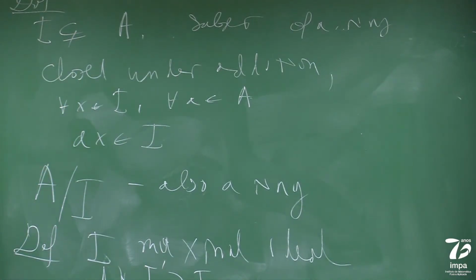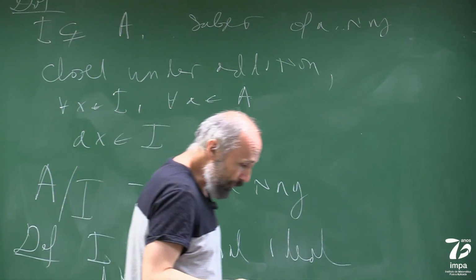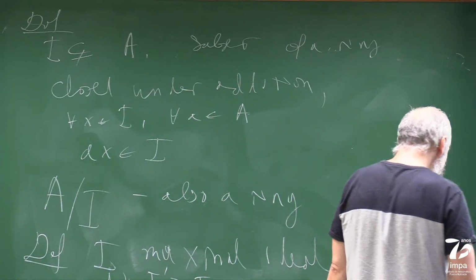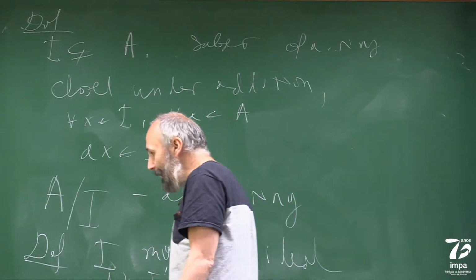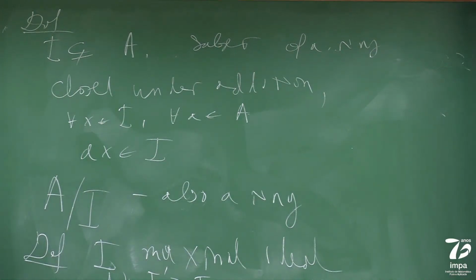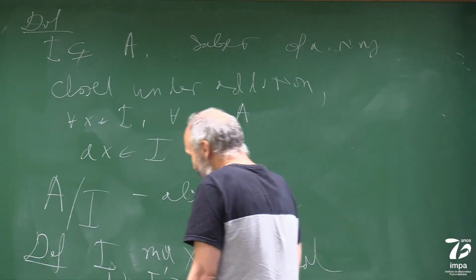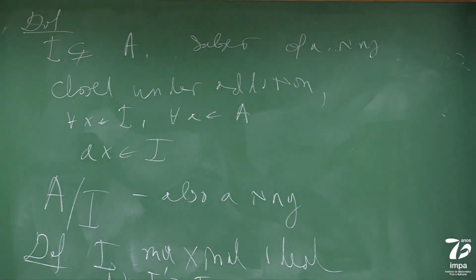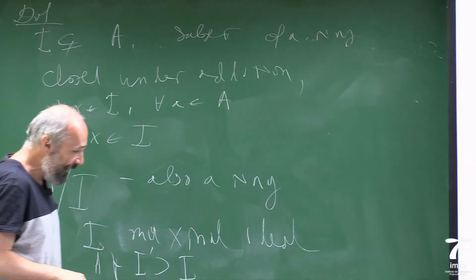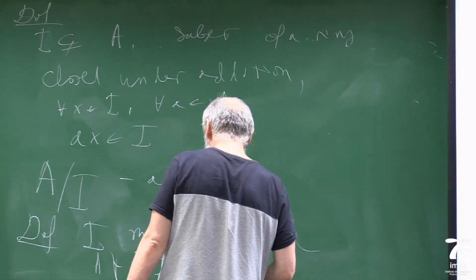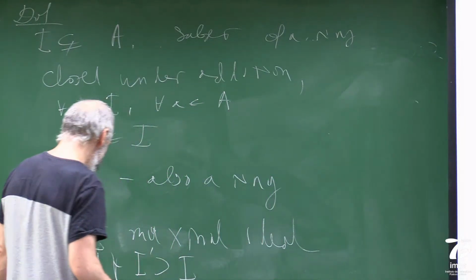There are two approaches actually to ideals, two conventions. Sometimes people assume that A is an ideal, sometimes not. The question is whether 0 is a ring or not, because 0 has no unit. So for us, 0 is not a ring, but of course, if you admit rings without unity, then it is a ring.